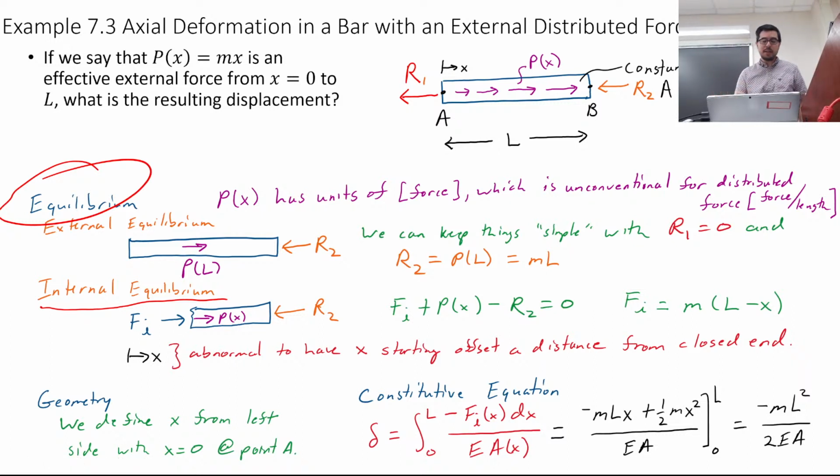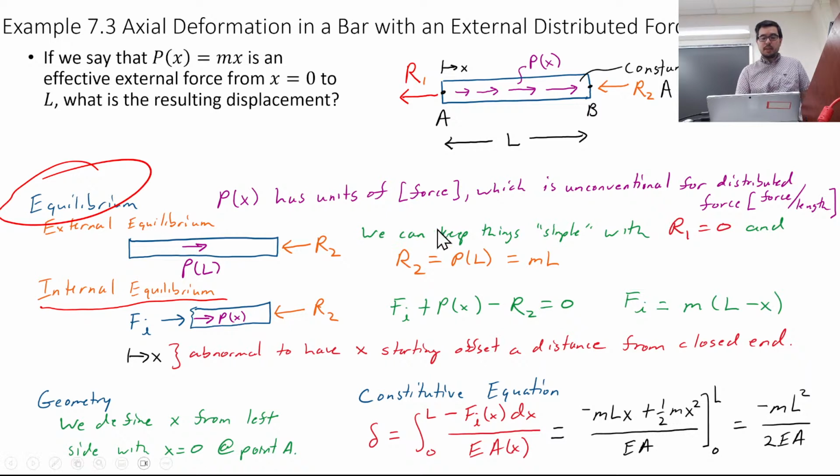So this is maybe not the best, but we're going to be very careful and very clear, and when we get down to here, we're going to say that Fi is negative. But what we can say is that we have our Fi, our P of x, given by this, which is an external load, and we have our R2, which we defined through equilibrium as being this ML.